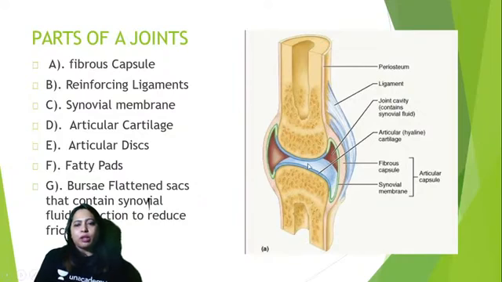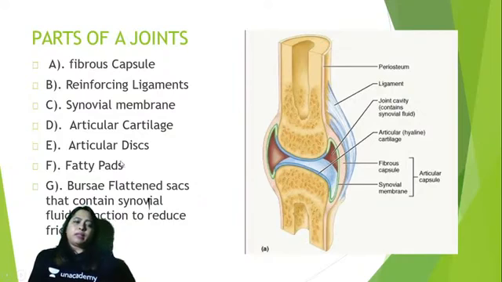Sometimes you can see it, in this particular one, you cannot see. And there are various fatty pads, present around the joint cavity sometimes. And these are present to prevent any friction of the tendon over the bony edge or between the moving joints. So to prevent that, you have fatty pads.